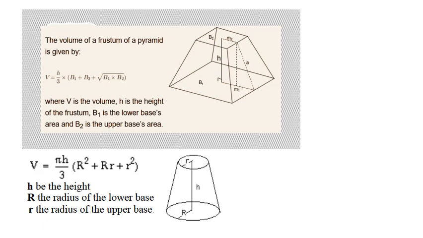Or I can use the same formula: pi R square is nothing but the area of the bottom face, and pi small r square is nothing but the area of the top face. So you can still use the same formula as that of the frustum of a pyramid. We will get the same answer. There is no difference between these two.